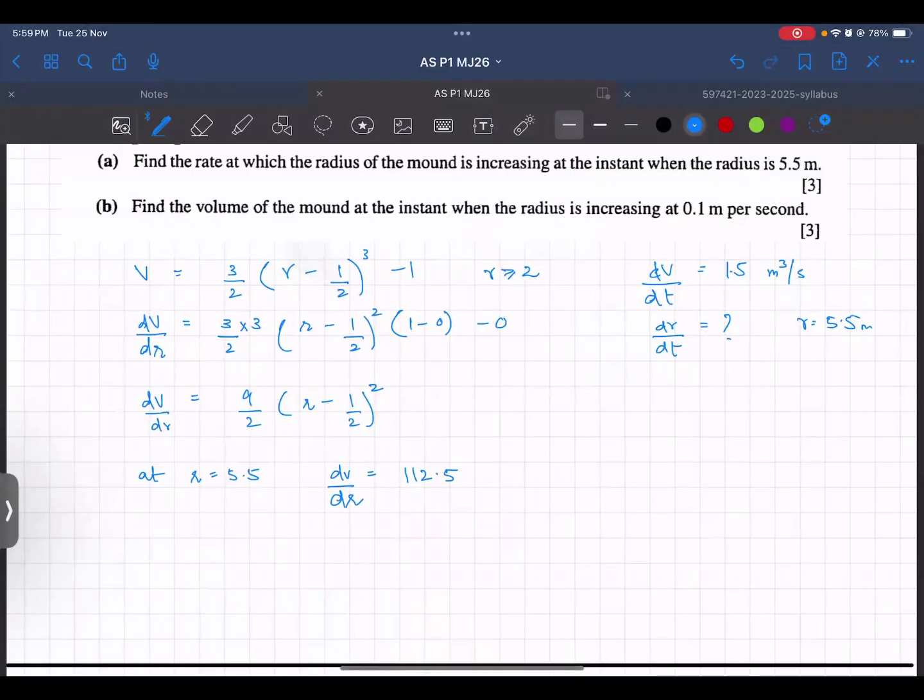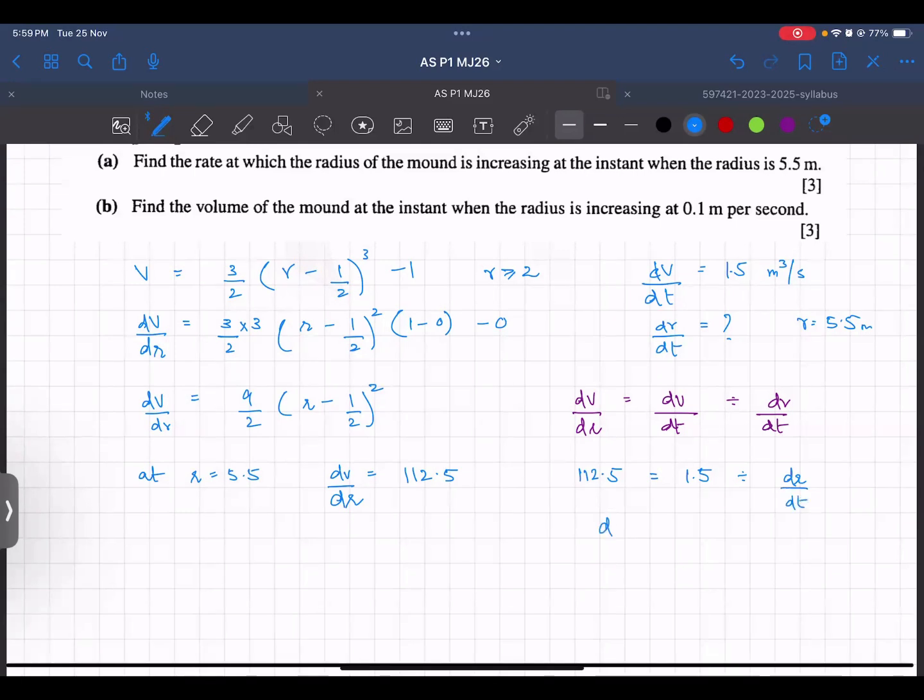Now bringing in the formula, dv by dr equals dv upon dt divided by dr upon dt. Now we have found this to be 112.5. dv by dt was given to us, 1.5, divided by dr upon dt.